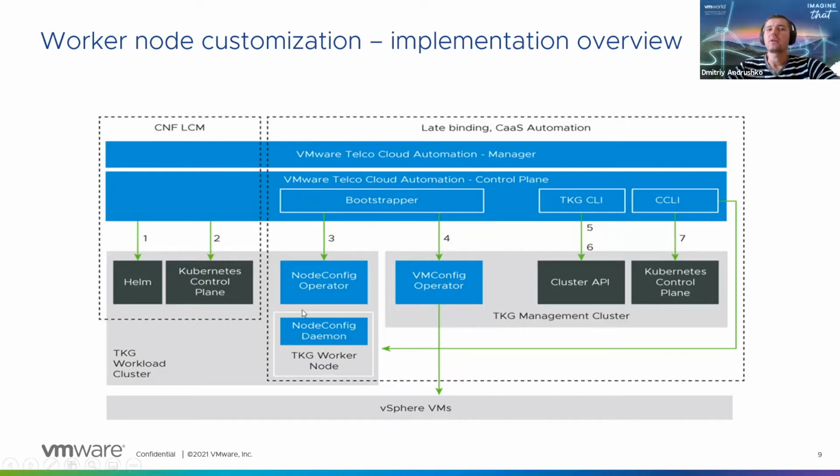In the meantime, the node config operator is executed inside of each worker node, and it modifies the given worker node according to the specification. All this is already implemented inside of the TCA. The capabilities which we provide in this worker node customization are well documented at our TCA official documentation page, and you may take a look to understand the full capabilities which are supported with this function.